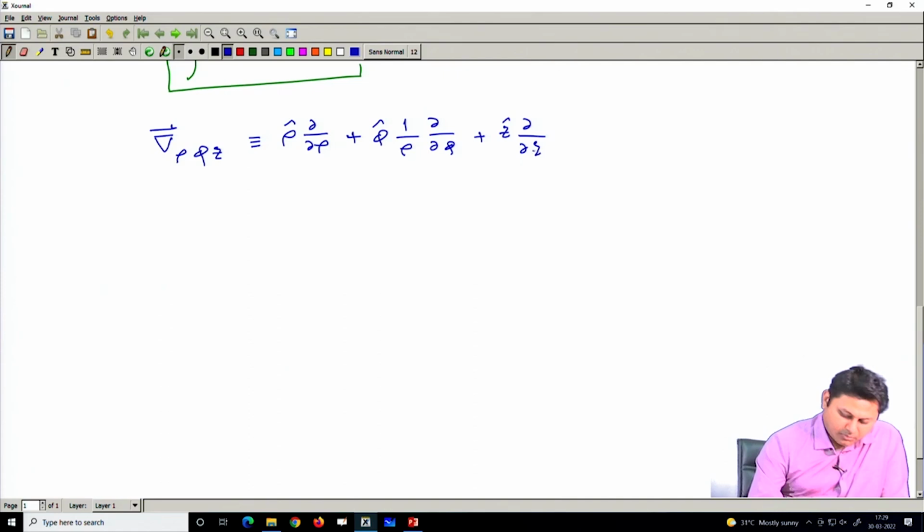This is the form of this vector operator in the cylindrical coordinate system.